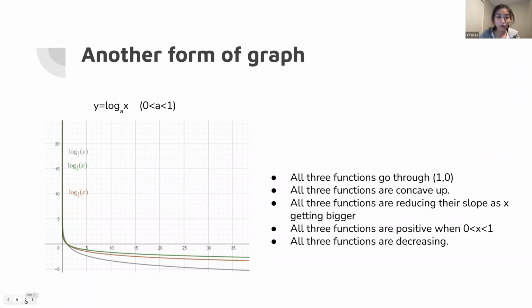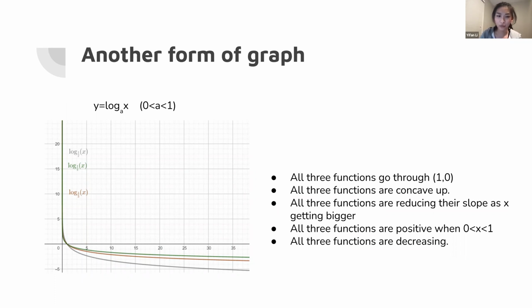Here's the other form of the graph, where a is less than 1 but greater than 0. A cannot be negative, right? Well, it doesn't matter. All three functions will pass through (1, 0), like the last one.